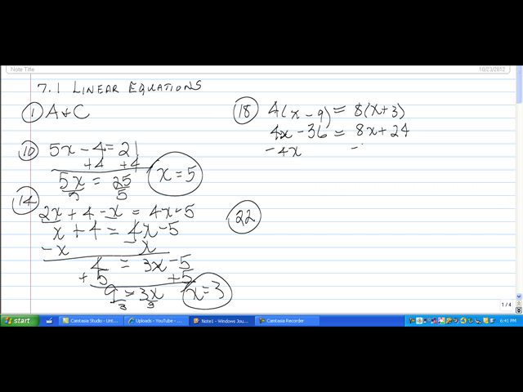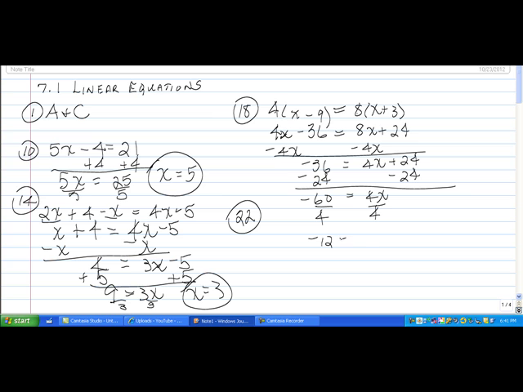So I'm going to subtract 4x from both sides, since they're on opposite sides. Now I want to get the constant terms together on the same side, so I'll subtract 24. And finally divide by 4. And we end up with negative 12 is our x.